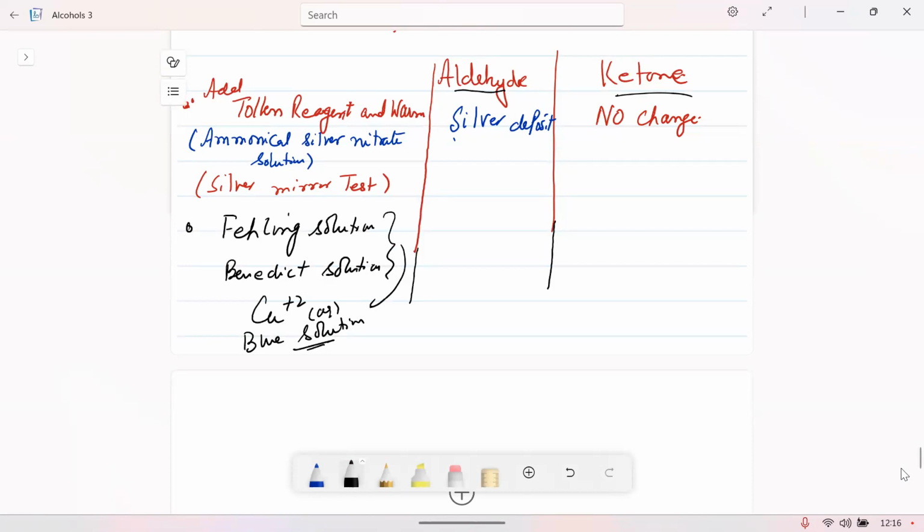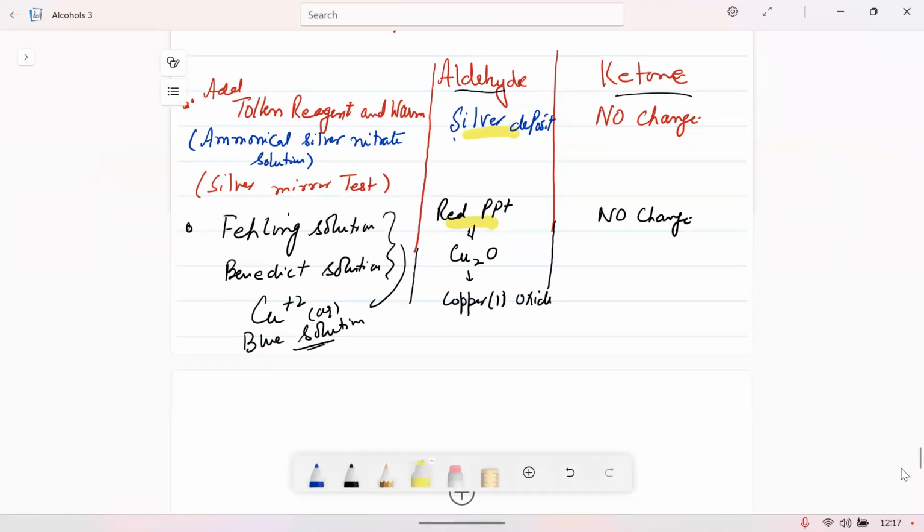Now, if it is an aldehyde, you will get a red precipitate. And over here, there is no change, no red precipitate. The red precipitate is Cu2O, copper(I) oxide. Copper(II) oxide is black in color. This is a red precipitate.